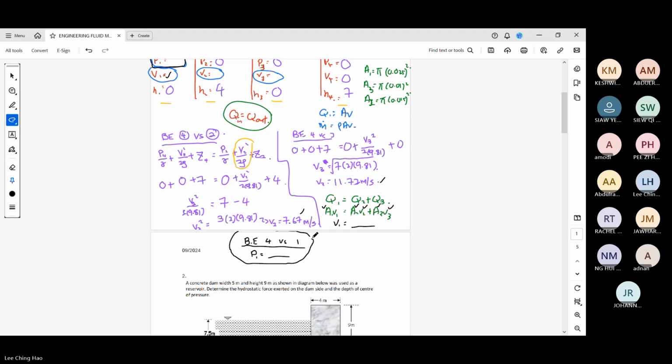Then you just put everything in. The values are quite simple because all the other pressures are 0, and the heights are either 0 or certain values like 4 and 7, which are nice values. So it will be quite easy, you just need to put in all the values.